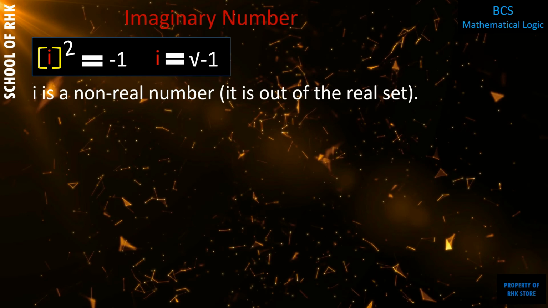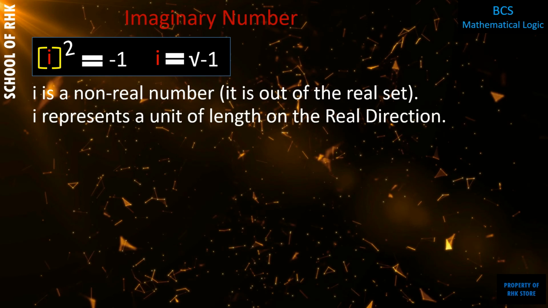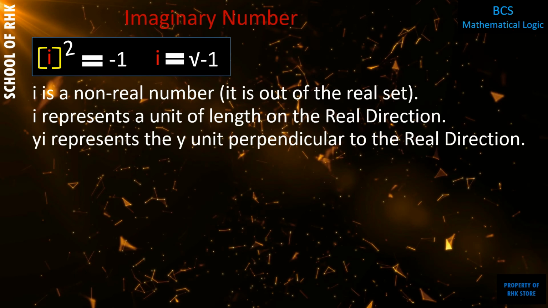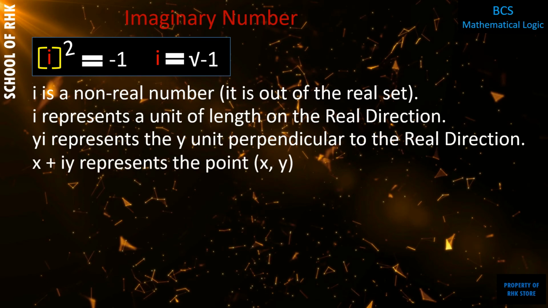It is out of the real set. 1 represents a unit of length in the real direction. i represents the y unit perpendicular to the real direction. x plus iy represents the point or coordinate x, y. i is equal to the square root of negative 1, or i squared is equal to negative 1.